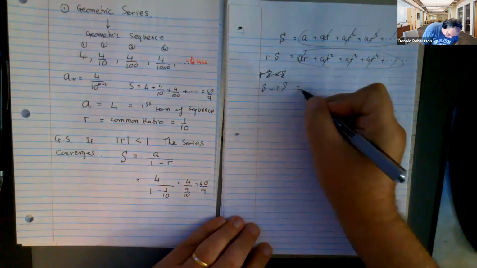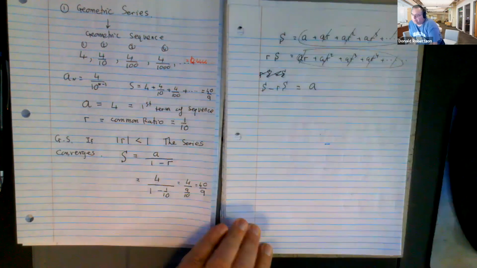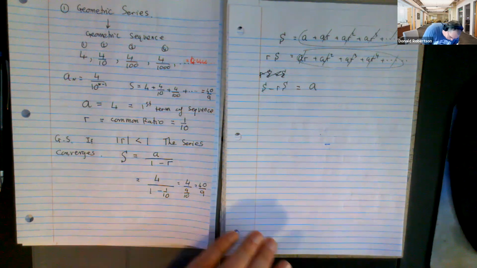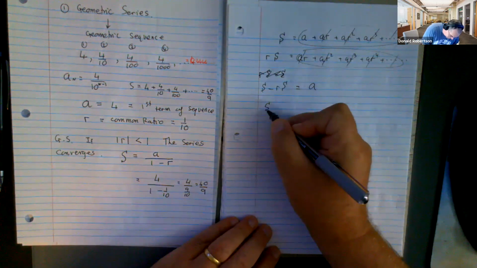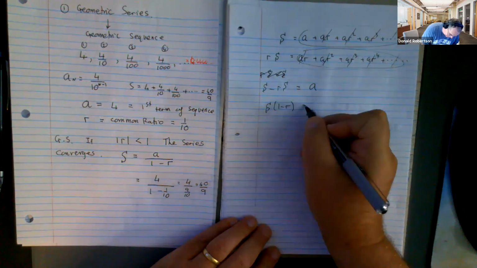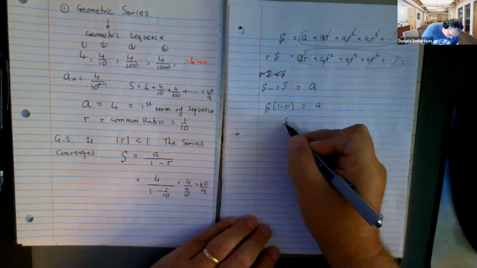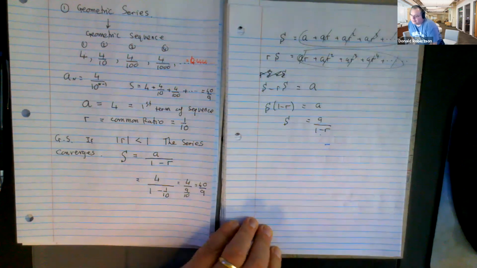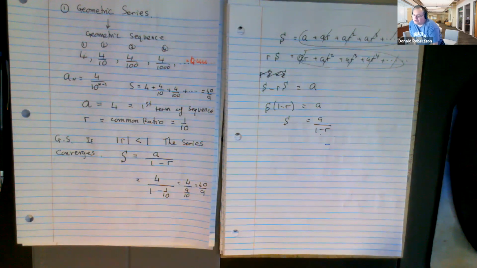So wouldn't the only answer left be A? Wouldn't all the terms in the top kill off an equivalent one in the bottom if you just keep going forever? And now, if you pull out S as a common factor, and then you divide, I now know what that series will add up to.